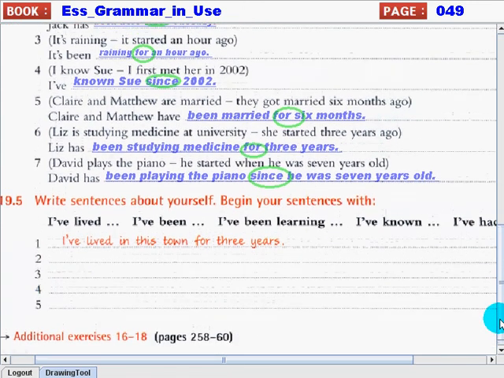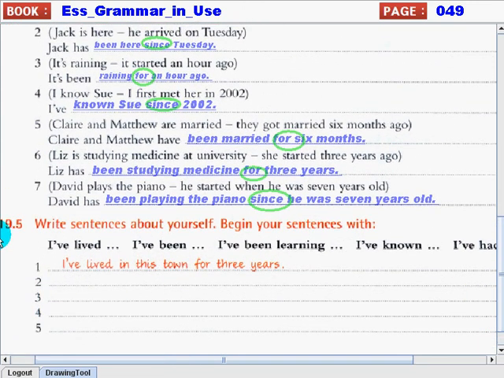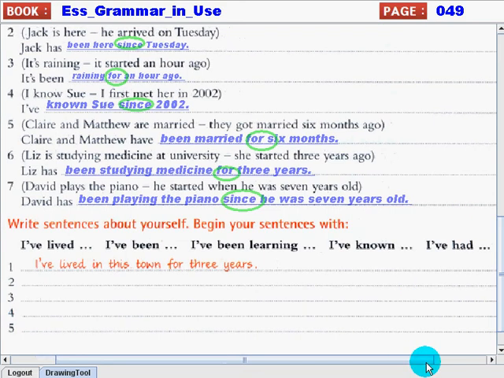And for the next level, we're going to answer exercise 19.5. Write sentences about yourself. Of course, I'll do the same thing. Now begin your sentences with I've lived, I've been learning, I've known, and I've had. Alright?